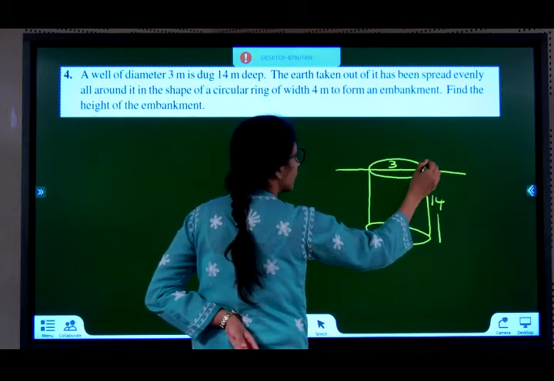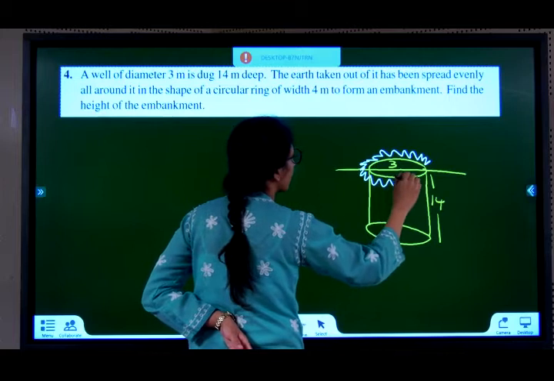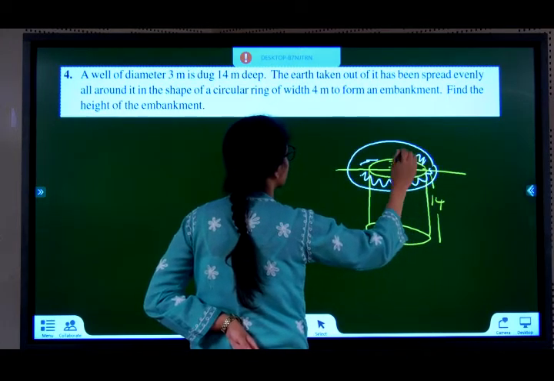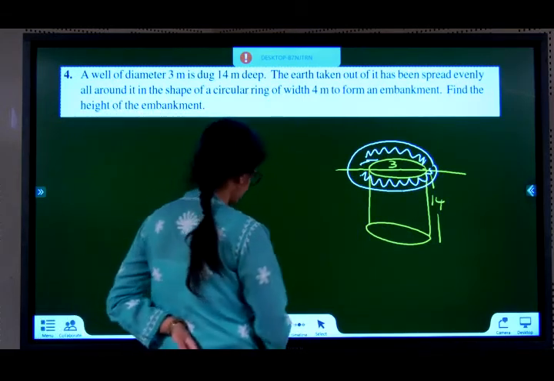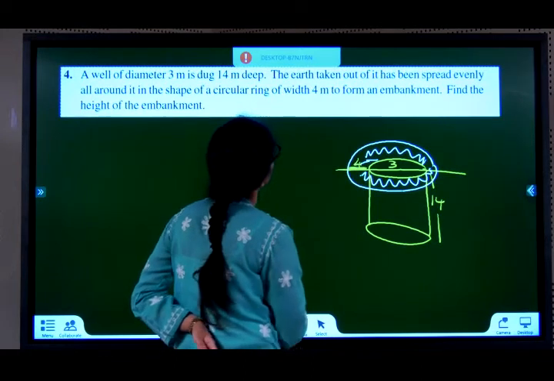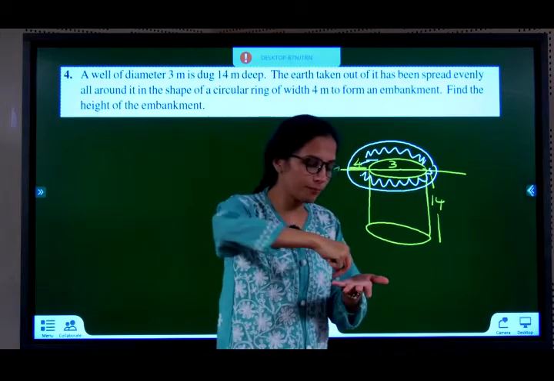It is spread around this only, in a circular ring form. The width of that circular ring is 4.